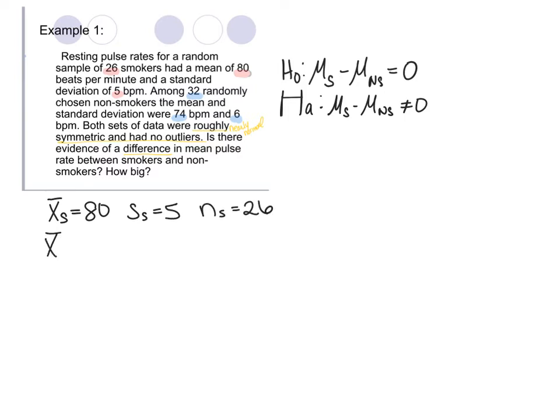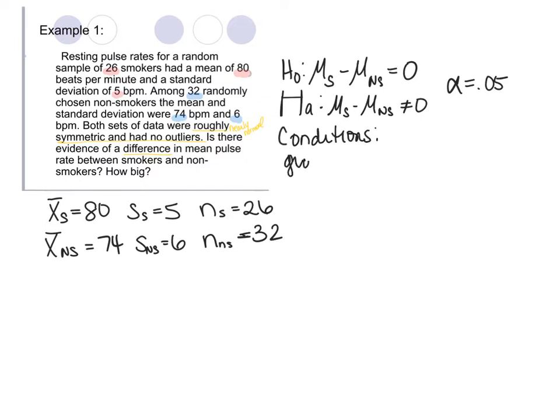And the X bar for the non-smokers is 74, the standard deviation for non-smokers is 6, and the number of non-smokers was 32. And we'll set our alpha at 0.05, and then we'll check our conditions.